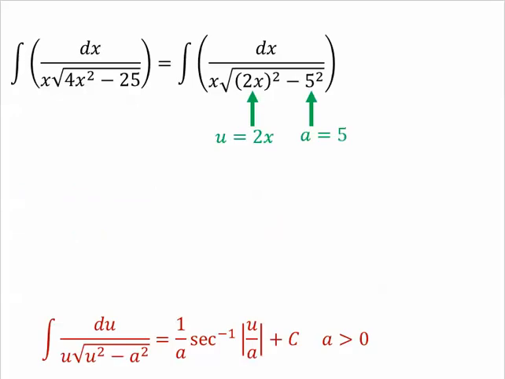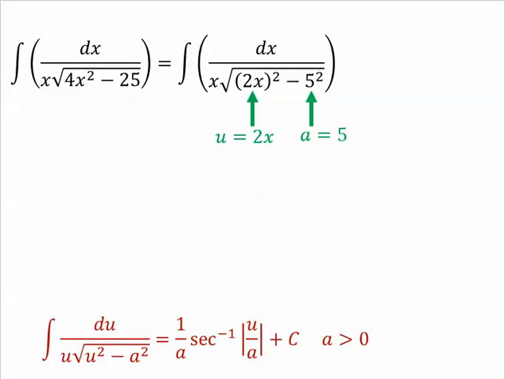You would have in that case u equals 2x, because I need to have one quantity squared. So the 4x squared, rewrite that as 2x quantity squared. And also 25, that's 5 squared. So a equals 5.